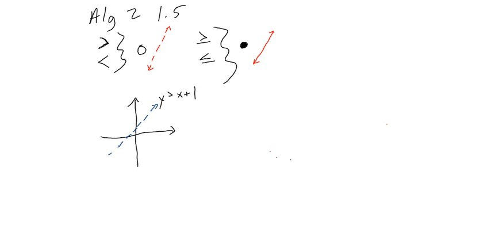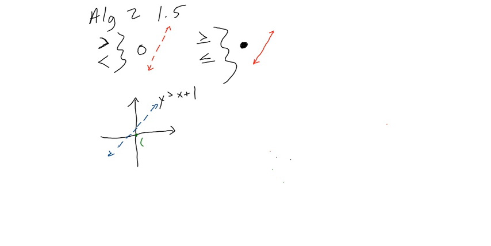There, that's a little better. And now we need to decide on which side of this line do our answers lie. And for that, I like to always pick the point 0, 0. Unless our line is too close to it, then you can pick any point.